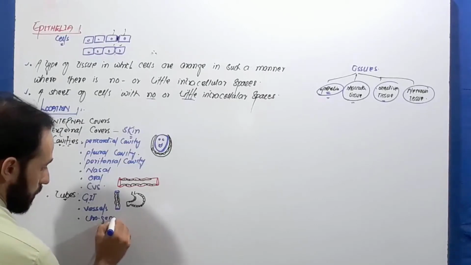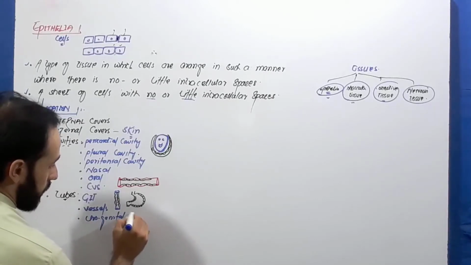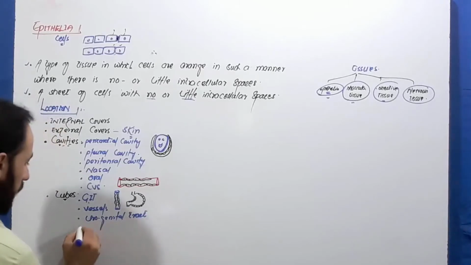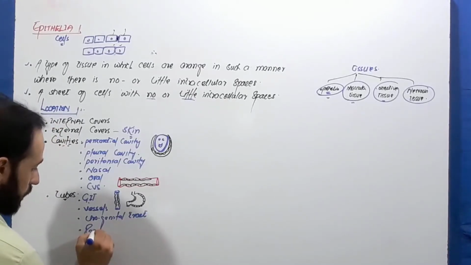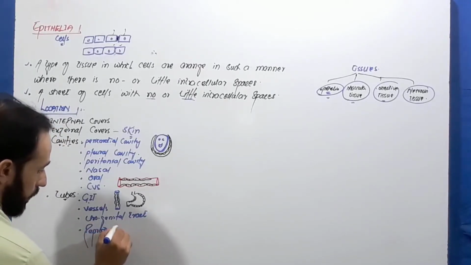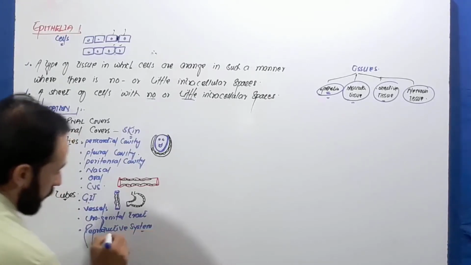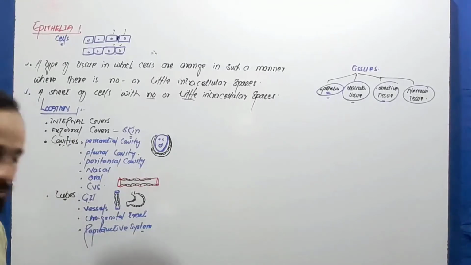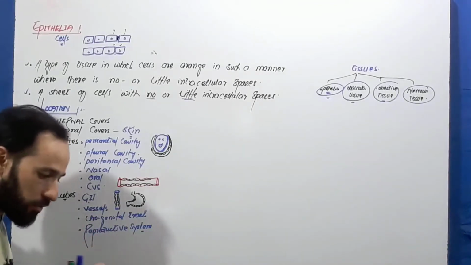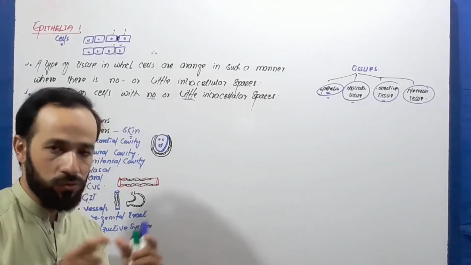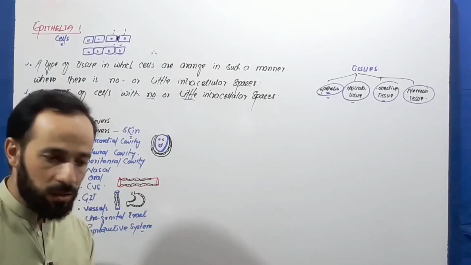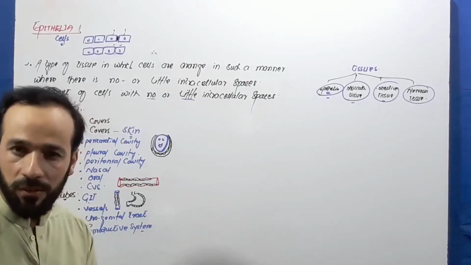Urogenital tracts, right? They are also present in your reproductive system. You know your reproductive system contains lots of tubing systems. For example, the urethra, right? For example, in the male reproductive system, there are the epididymis, the vas efferens and vas deferens, right?